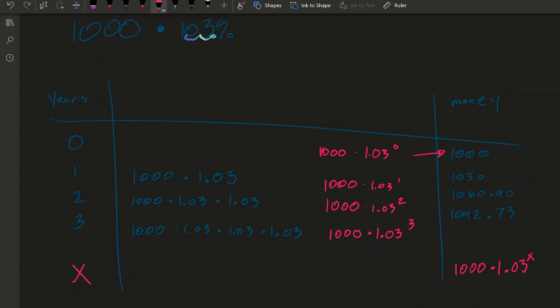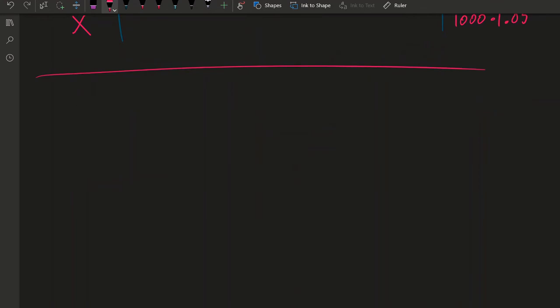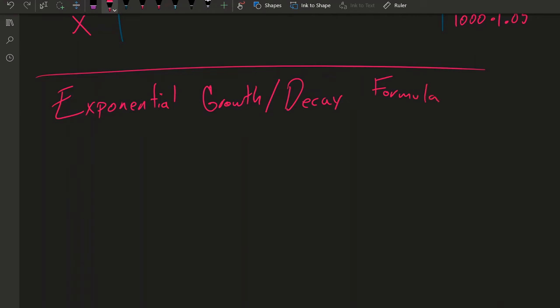So this is going to lead us to our exponential growth/decay formula. So we're going to have y is equal to a times (1 plus r) to the x power.